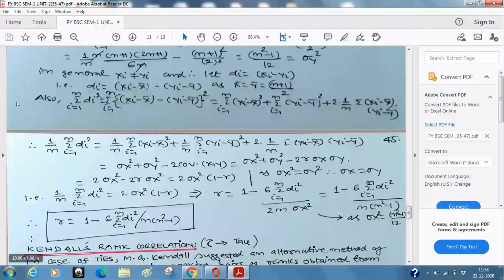If there are ties in the data present, then Spearman rank correlation cannot be calculated. However, we can go for another rank correlation calculation which was proposed by M.G. Kendall, and therefore it is known in his honor. It is known as the Kendall's rank correlation, and it is denoted by tau. This is just a notation.